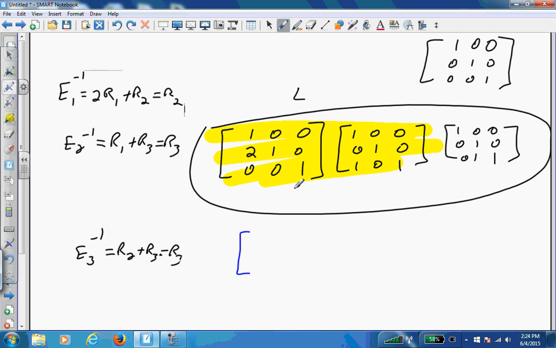Row and column gives us 1. Row and column gives us 0. Row and column gives us 0. Row and column is 2. Row and column is 1. Row and column is 0. Row and column is 1. Row and column is 0. Row and column is 1. So that's multiplying those two together. Then let's multiply that times the last one.